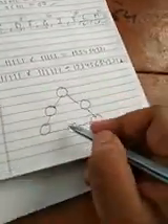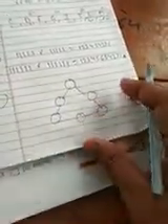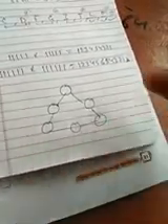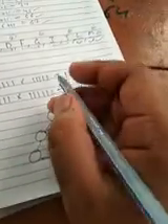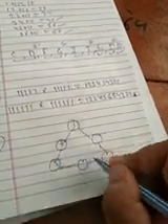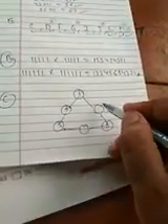We have to fill these circles so that when we add along the triangle's side, the sum comes to 9. So we will put here 1, 5, 3, 6, 2.